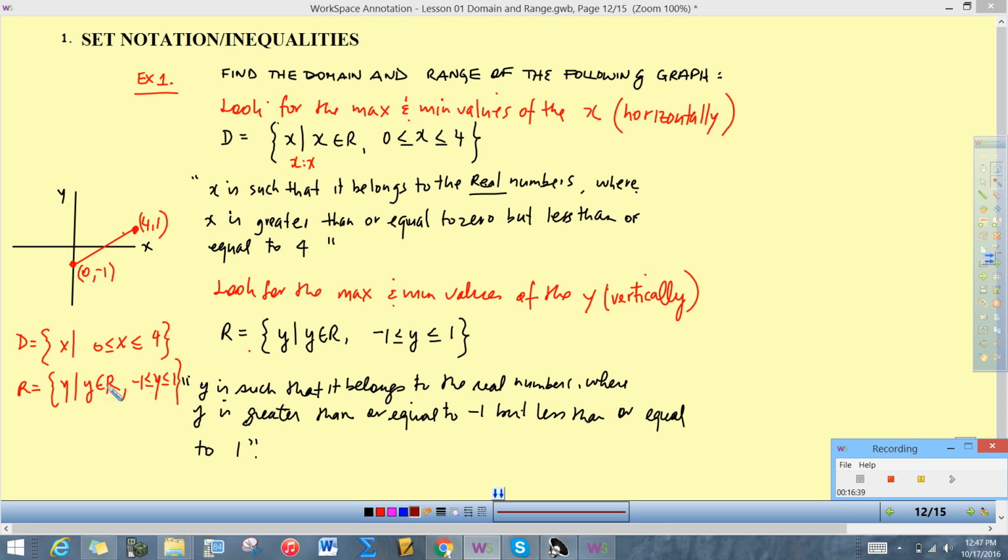And if I am now looking at the range, the range is vertically, it's going from -1 to 1. So we're looking at the maximum and minimum values vertically for the range, and we're looking for the maximum and minimum values of the x horizontally for the domain. Okay? So this is written in red. You can read that on your own again, and just take a quick look at it.